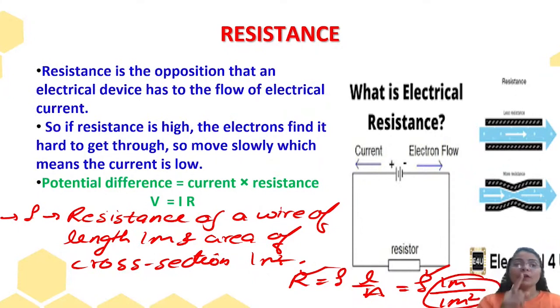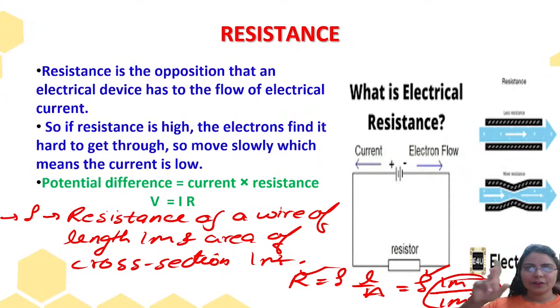That means rho will vary according to material, but resistance can vary with length and with area of cross section, because rho restricts the length to 1 meter and the area to 1 meter square. So guys, we can say that resistivity is a property of a material and resistance is an opposition to the flow of current.